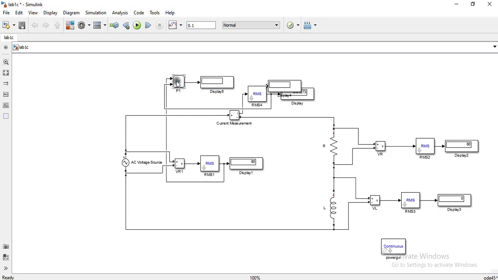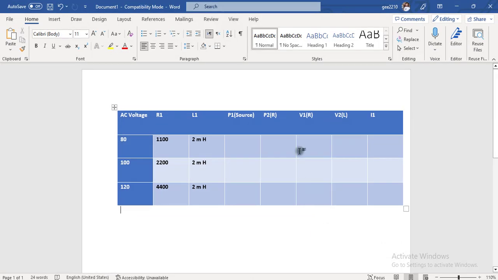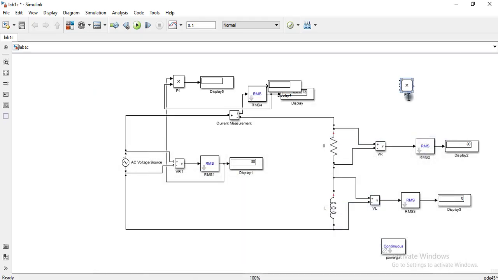Also I need another power block. P2 is which one? P2 is power across the resistor. So this is P2. So voltage here, not here.